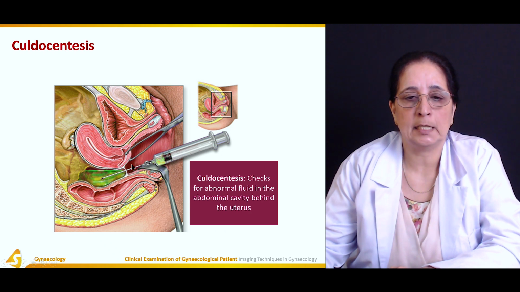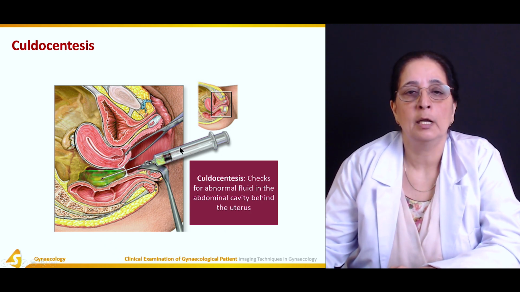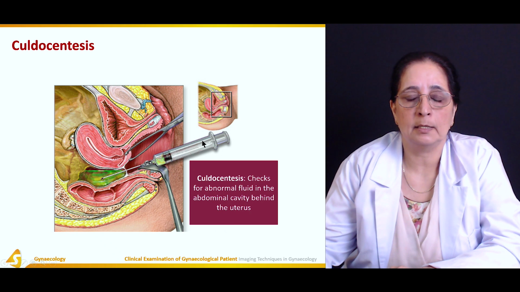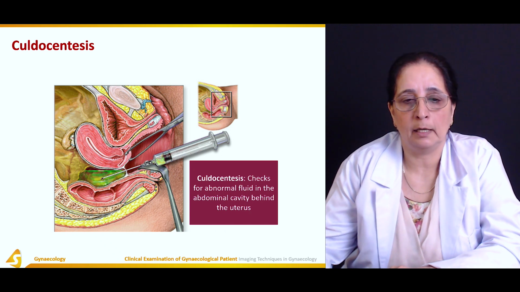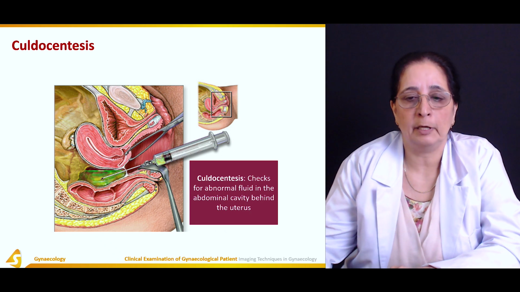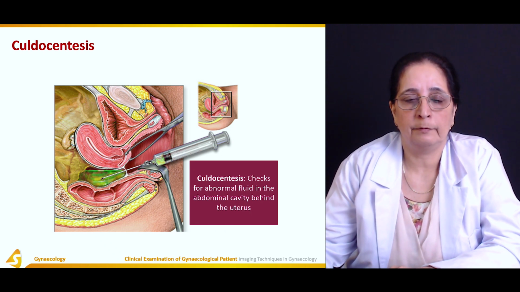And then different tests are performed on this fluid to find out the reason for the collection of this fluid, if there are any cancerous changes, or if it's some infection. Different tests are performed on this fluid.